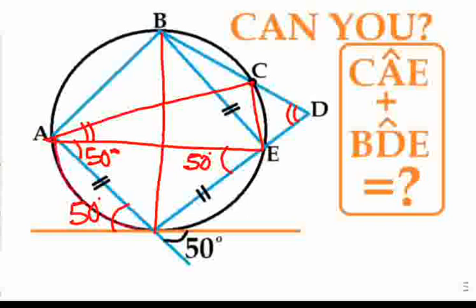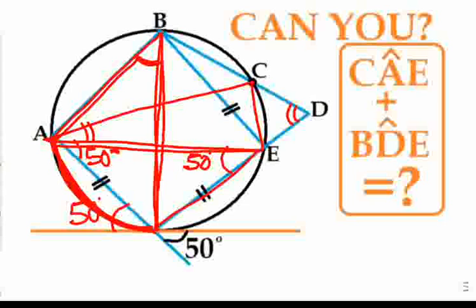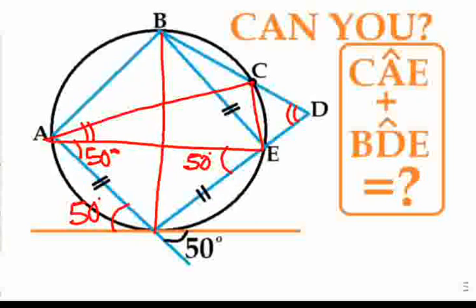Let's now use this arc to find the angle subtended on the circumference here. If this arc subtends an angle of 50 degrees on the circumference here, the same arc will go on to subtend the same angle of 50 degrees here, because angles in the same segment are what? Equal. So if the angle here is 50 degrees, the angle here is equally 50 degrees.